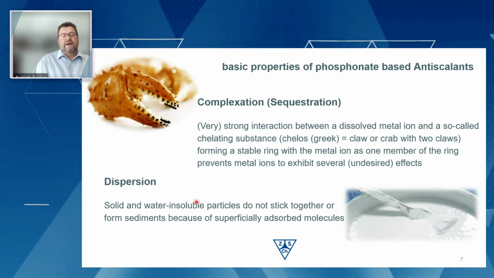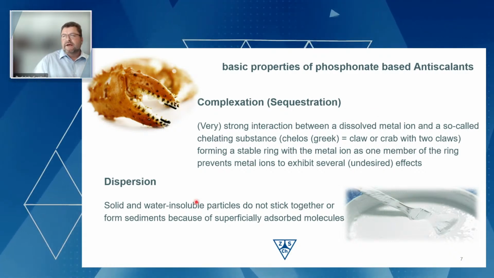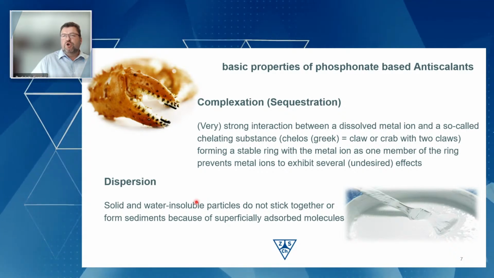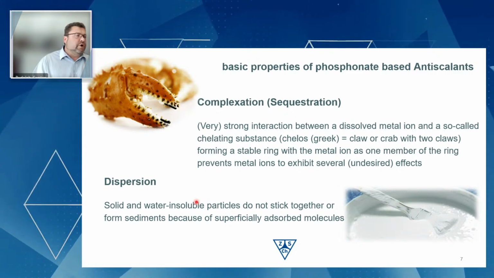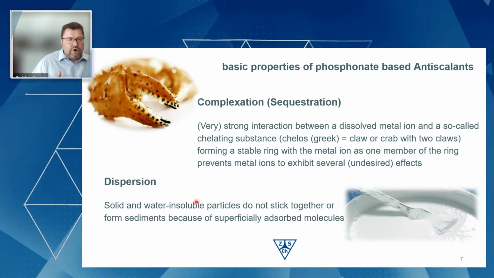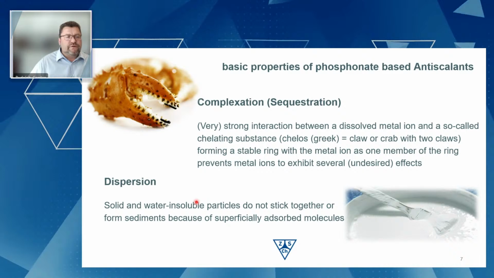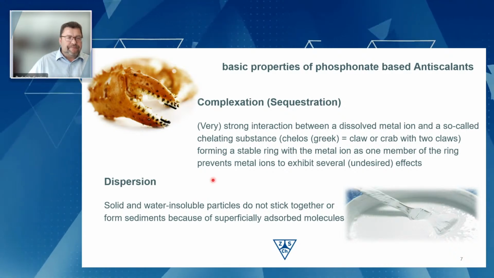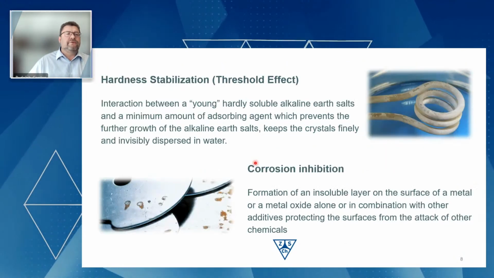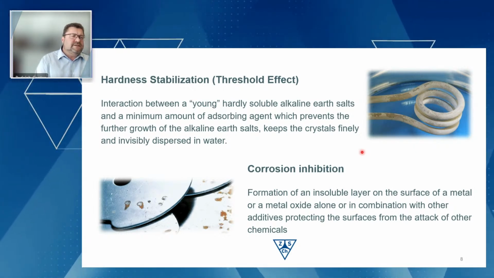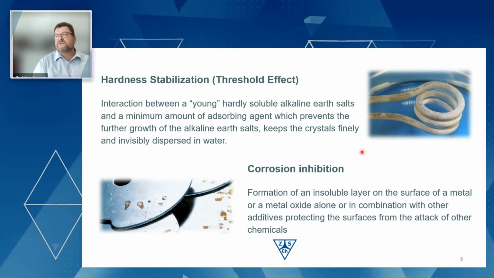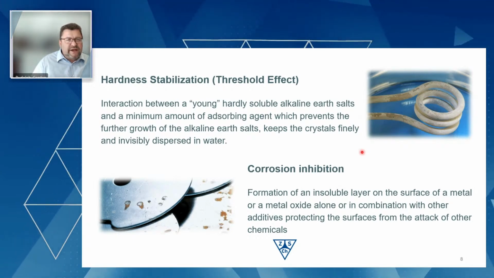Dispersion, in case of dispersion, we have the prevention of a mud which sticks on walls. Here the point is to keep the material flowable in order to get rid of it during the cleaning steps in the systems. I think by far the most important property is the hardness stabilization, also called threshold effect.